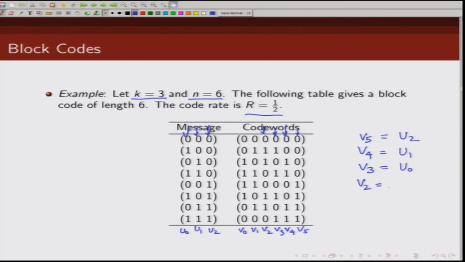V2 was U0 plus U1. Now let us look at V1.